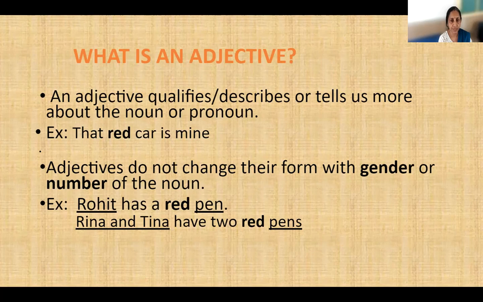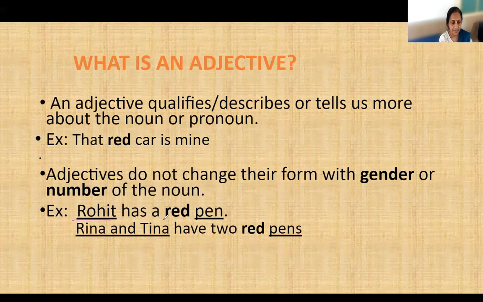Another point you need to remember about adjectives is adjectives do not change their form with gender or number of the noun. Now in the first sentence that is given in the example, you can see that Rohit has a red pen. So for gender, you can see it is a male.